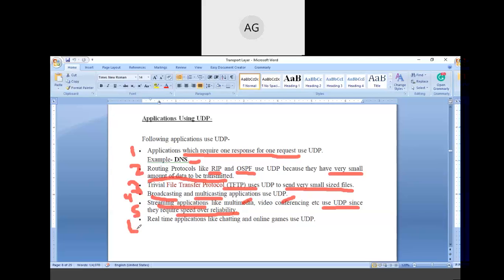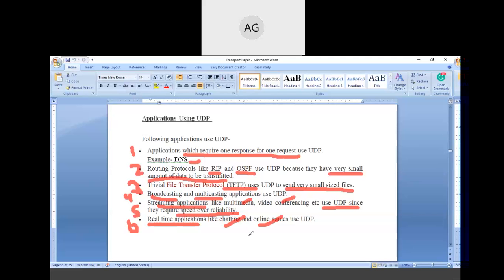The sixth point is real-time applications like chatting and online games, which use UDP. These are the important areas in which UDP gives its services.